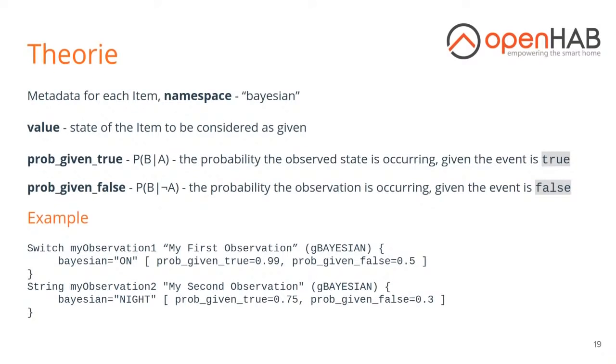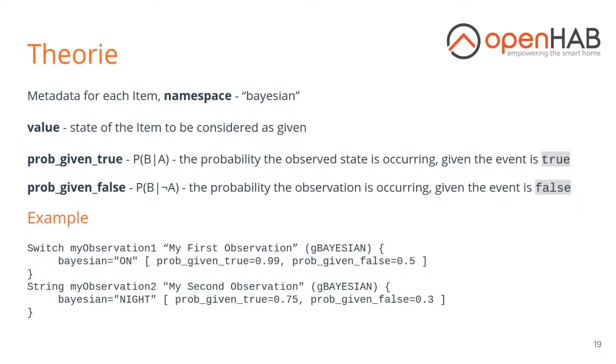We use namespace Bayesian again. We define a value, which is the signal for when this probability should be considered in the calculation.